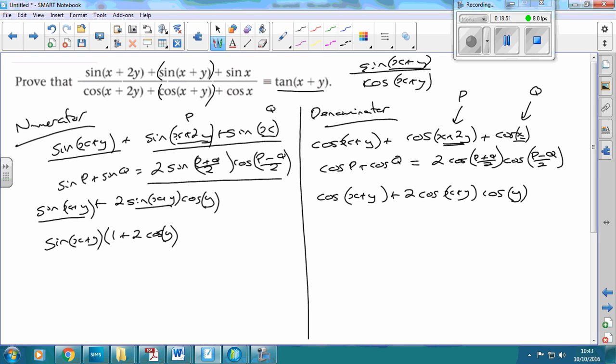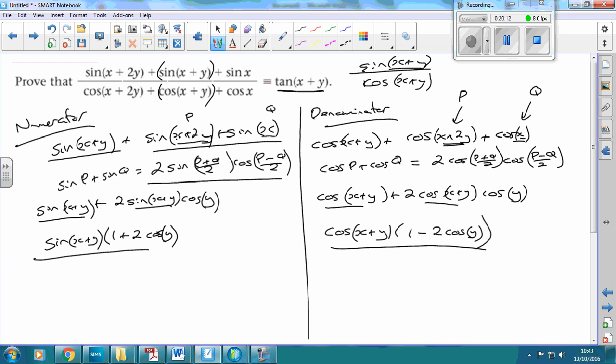Again, we can see that we've got this thing in both of them. So again, let's factorise that out. So we've got cos of x plus y bracket 1 plus 2 cos y. So this is the numerator, this is the denominator.